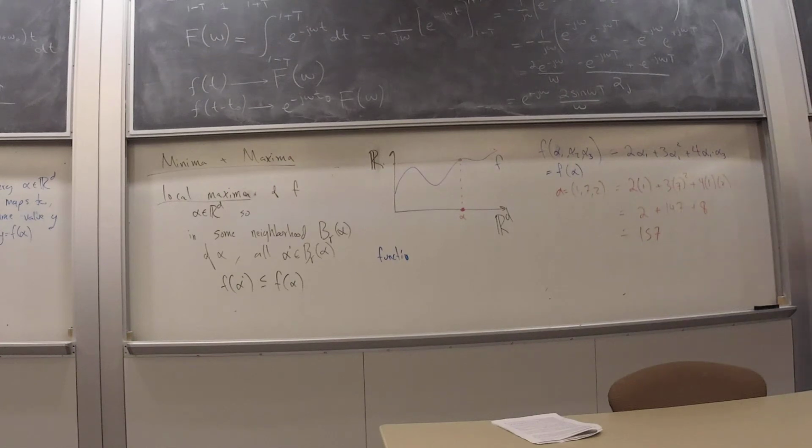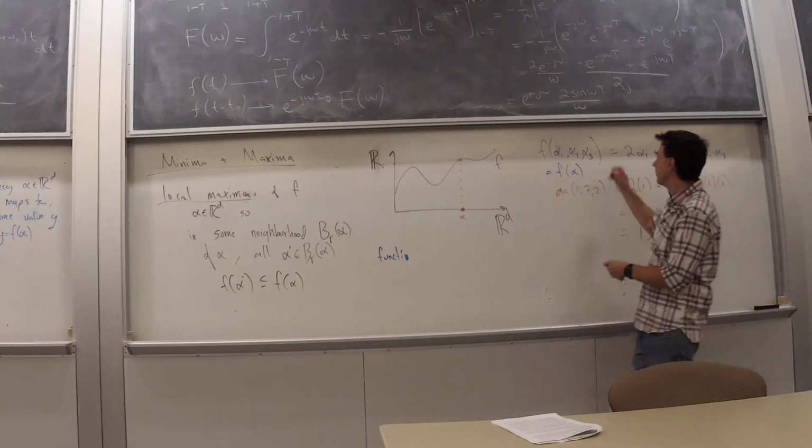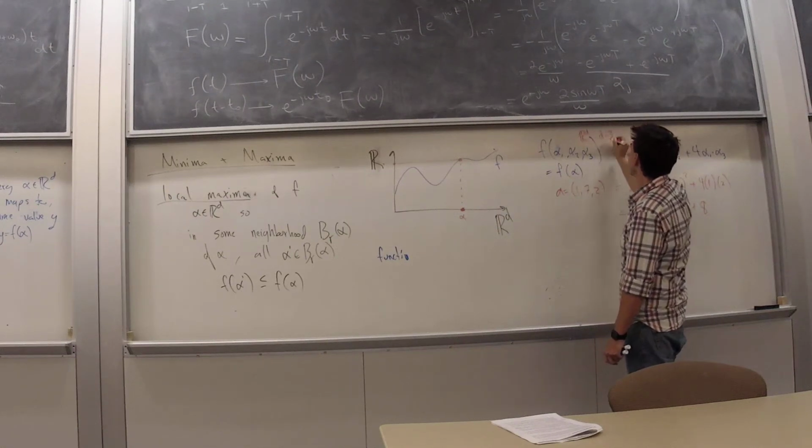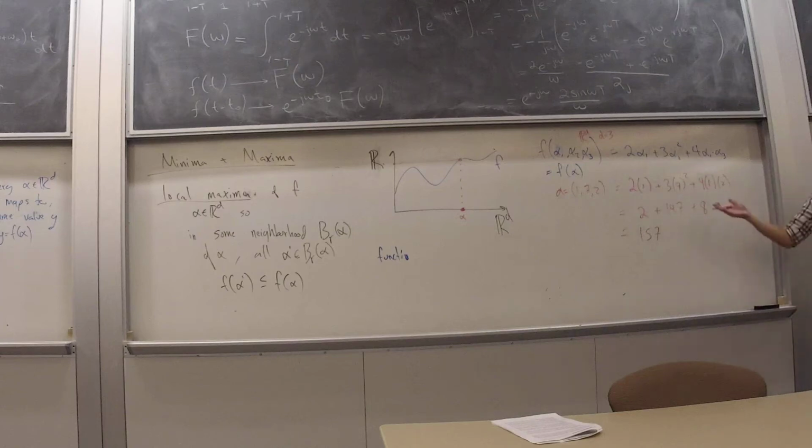So this is where d is equal to 3. This is some function that happens to be a polynomial function. They don't need to be polynomial. In general, until the last few lectures, we'll have polynomial functions, in fact. Okay, good.